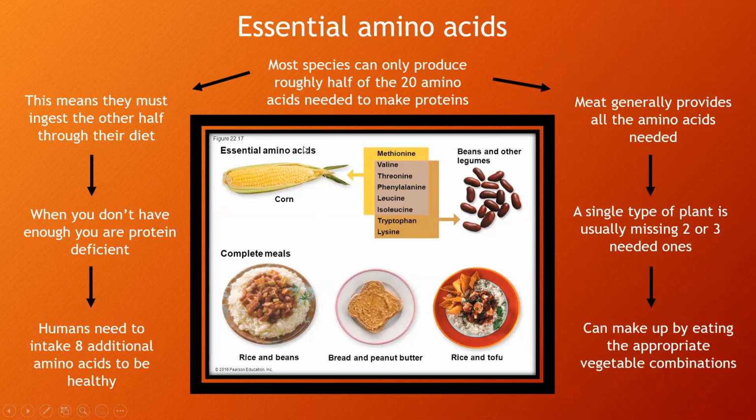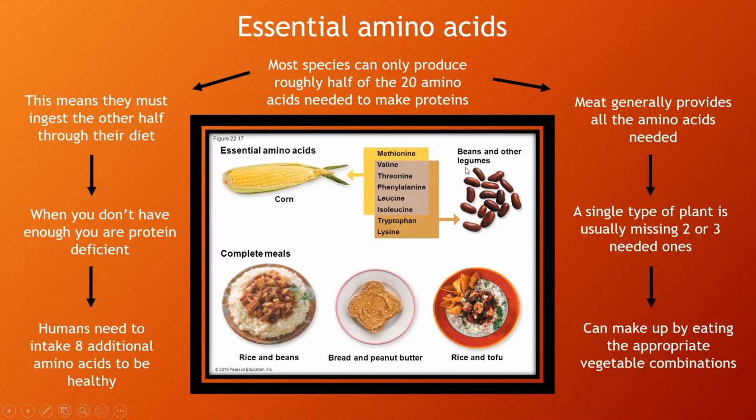So for instance, if you look at these essential amino acids and you look at corn, out of these 8 amino acids that humans need to survive, corn is missing 2 of them. You would have to eat beans or legumes in order to get this lysine or these other things right here.